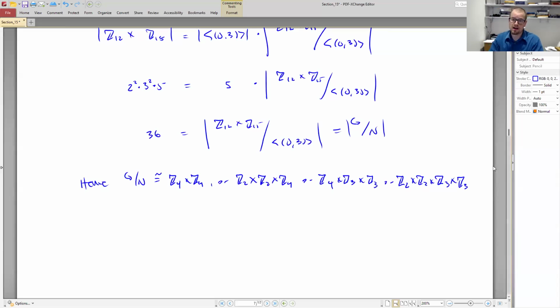So we have these 4 different possibilities that it could be. So the key is to observe the order of elements.